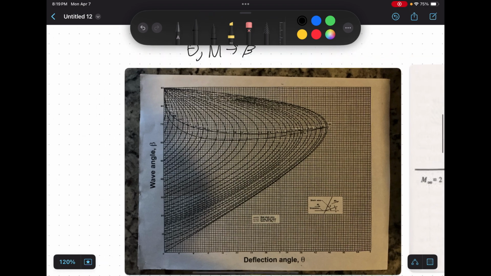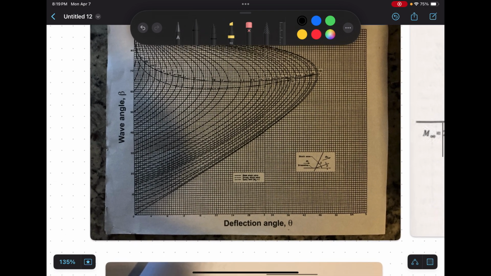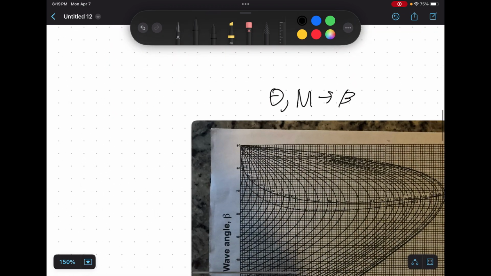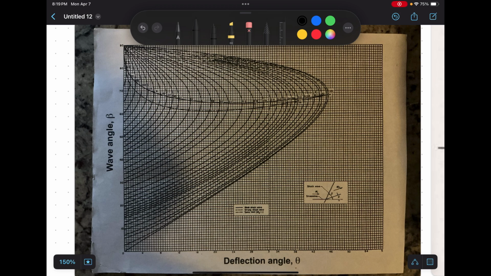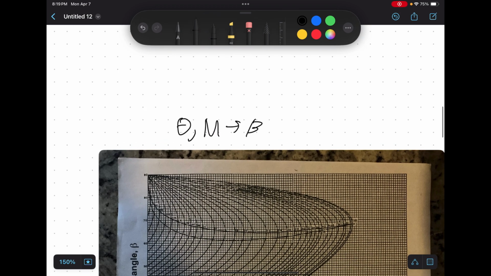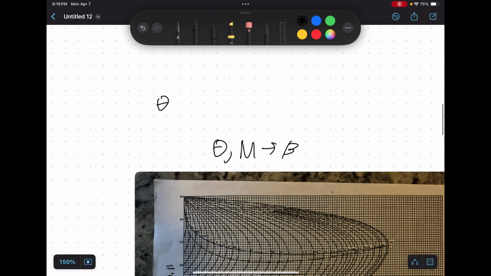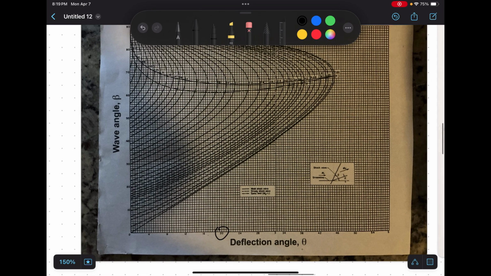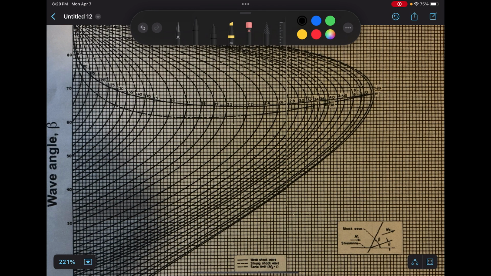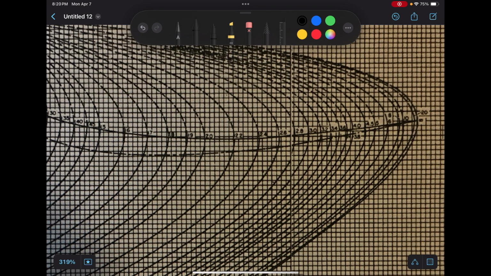So how do you do that? You use this table. I don't know what it's called, but I have it in my notes. Let's assume the angle is 20 degrees, and let's assume you're at Mach 3.